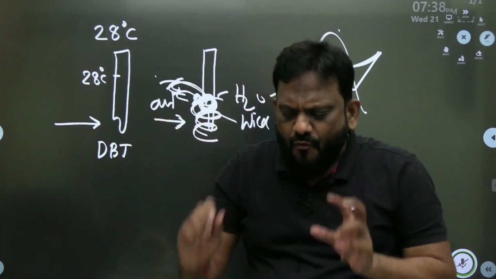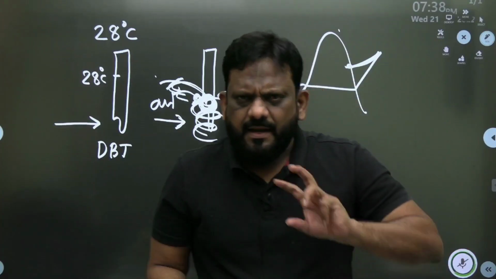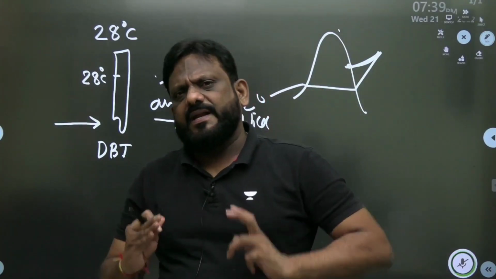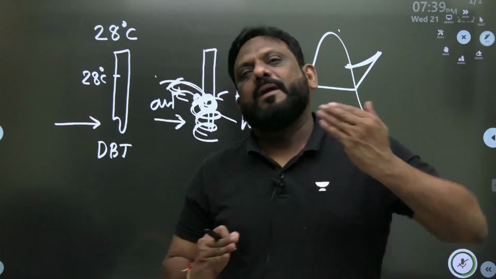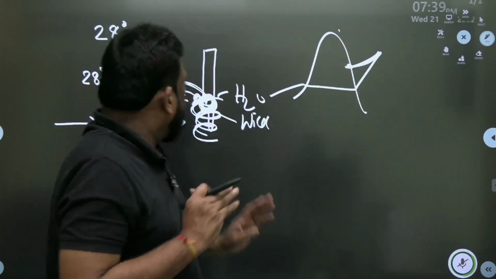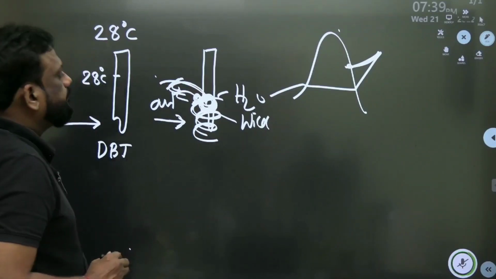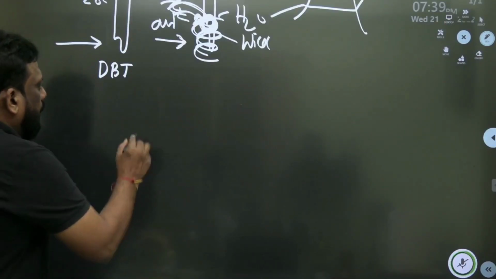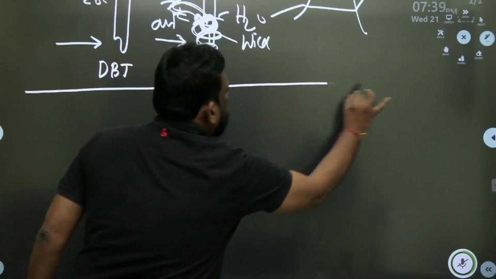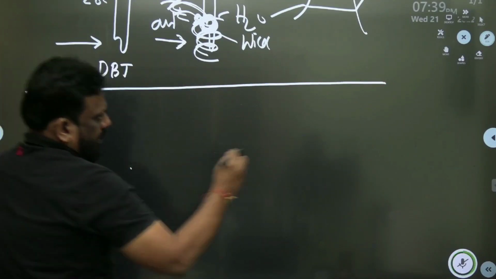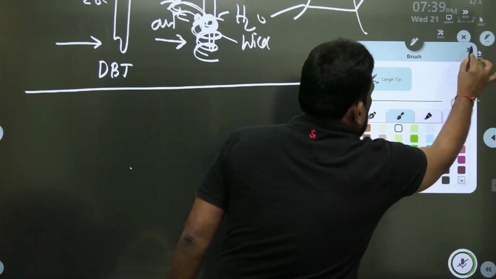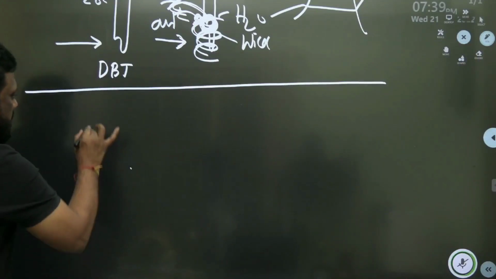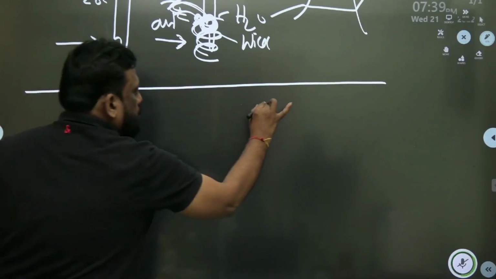Now observe, sirs, what physically it is representing. All these details I had explained in my regular classes, but now I will tell you something more about this wet bulb temperature. Dear students, let us take two different situations, situation 1 and situation 2.